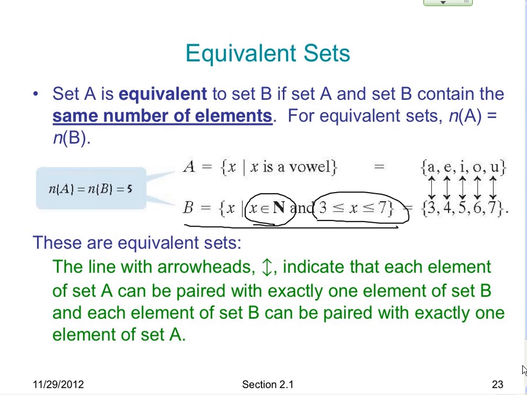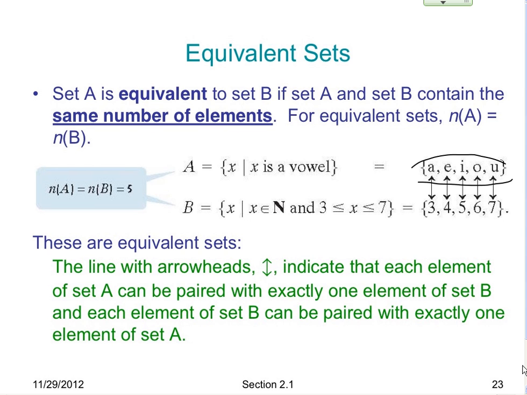In roster method, that's 3, 4, 5, 6, and 7. Notice the cardinal number for set A is 5. There's 5 elements. The cardinal number for set B is also 5 elements. Since this one has 5 elements and this one has 5 elements, they are equivalent.